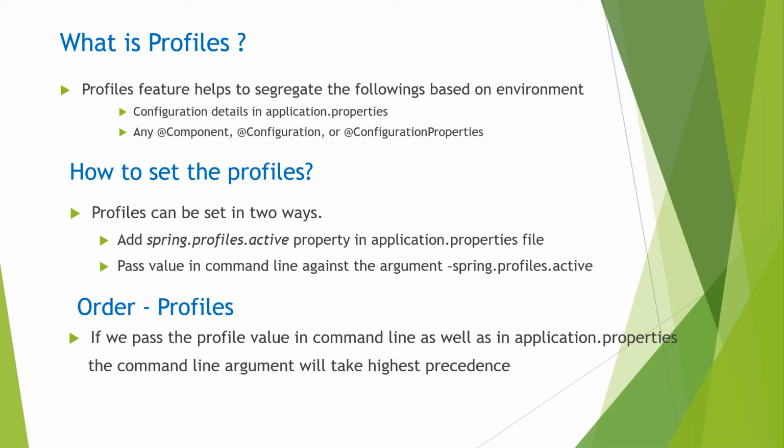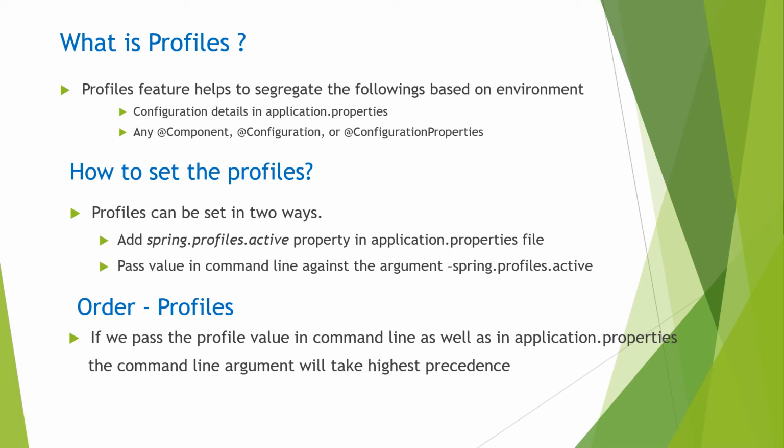Now there is no hard and fast rule that we need to set the profile in our properties or pass it in the command line. But think about the scenario where we set the profile in our property file, and again, when running the Java application, we pass the corresponding argument. Which will take precedence? That question will come.